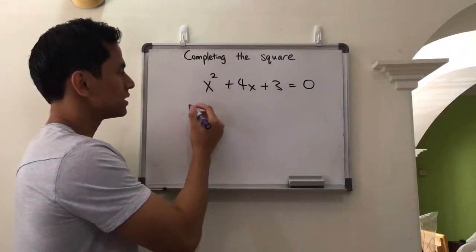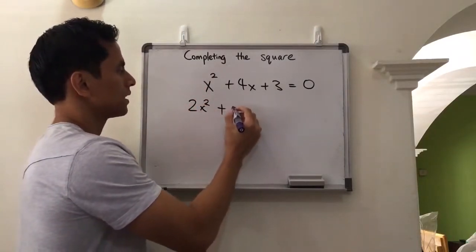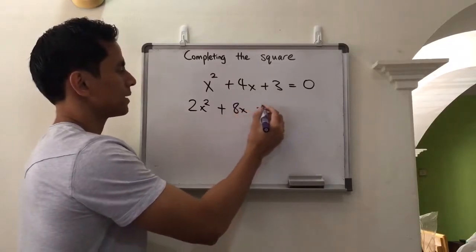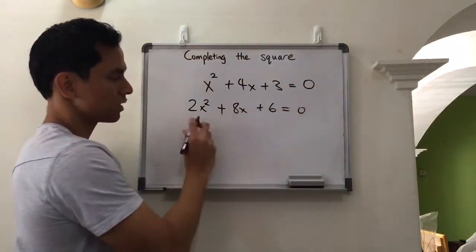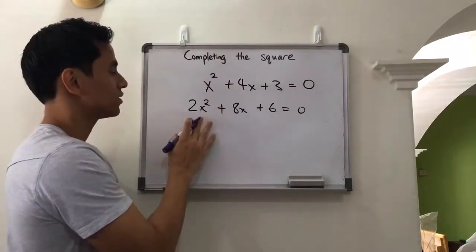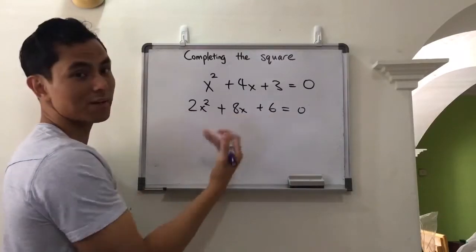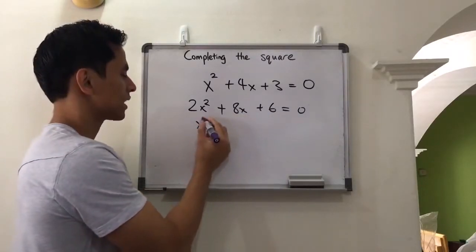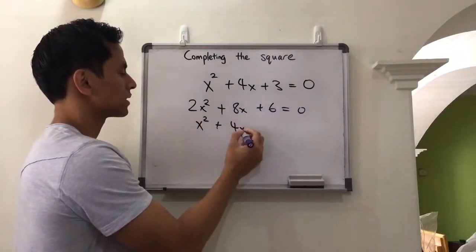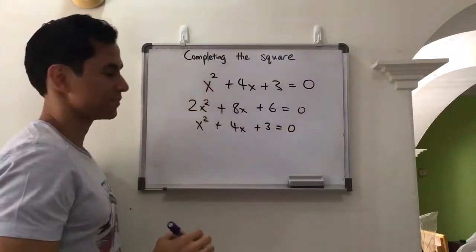If this was, for example, 2x squared plus 8x plus 6 equals 0, we cannot do completing the square yet. We have to reduce it to a 1x squared. In this case, you realize that all can be divided by 2, so it's great. So we just say x squared plus 4x plus 3 equals 0, and it's back to our original question.